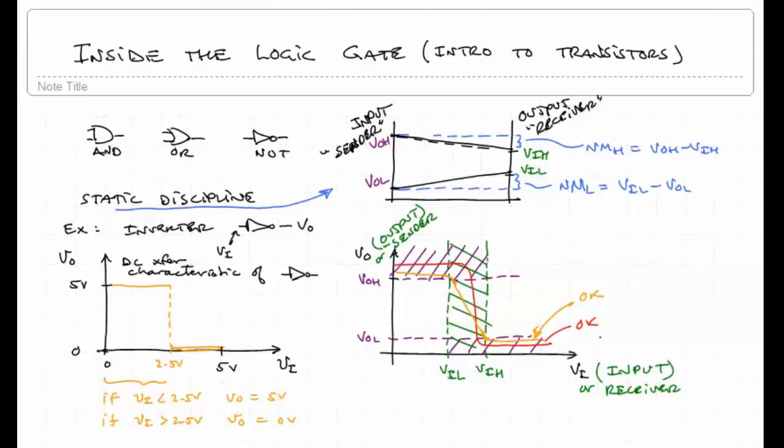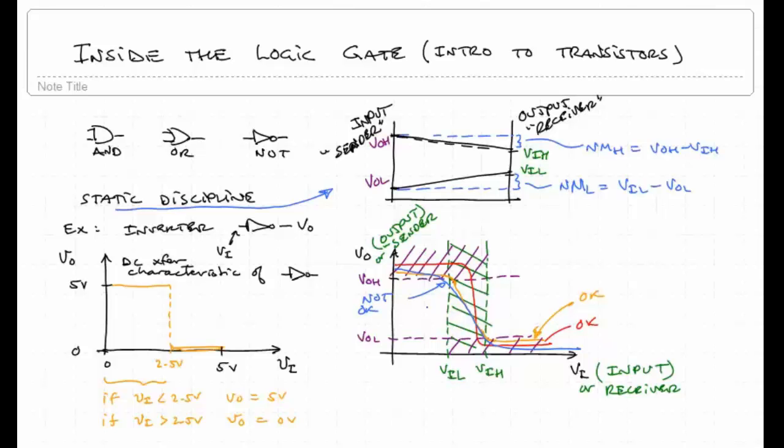Let me show you a transfer characteristic that would not be okay. So if for some reason our transfer characteristic came down and crossed over here like this, that is not okay because of that region right there.